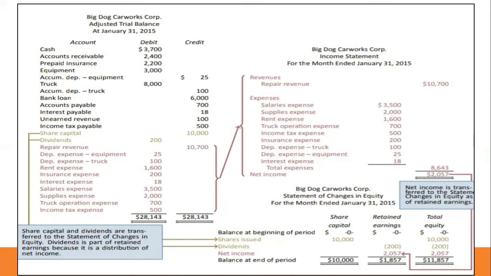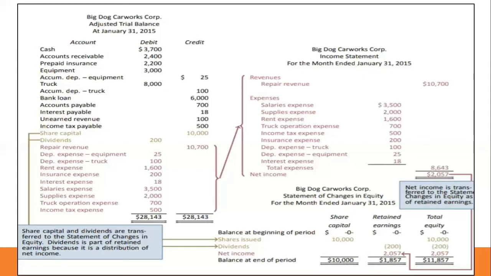Because the result of the income statement can be found in the next financial statement, which we will be generating next. And that happens to be the statement of changes in owner's equity. So as you can notice, the net income of $2,057 was used by the next financial statement created, which is the statement of changes in owner's equity.